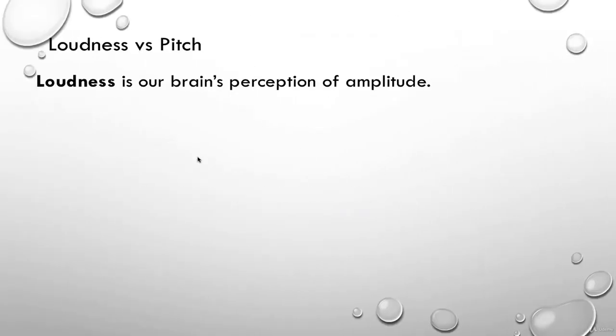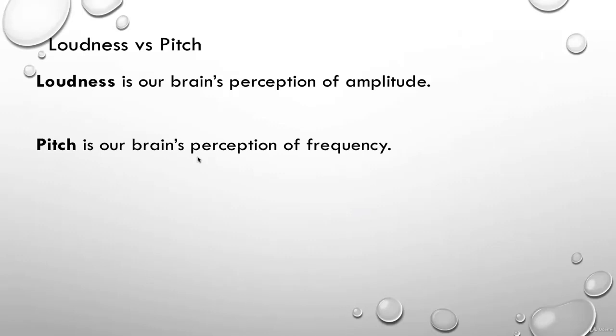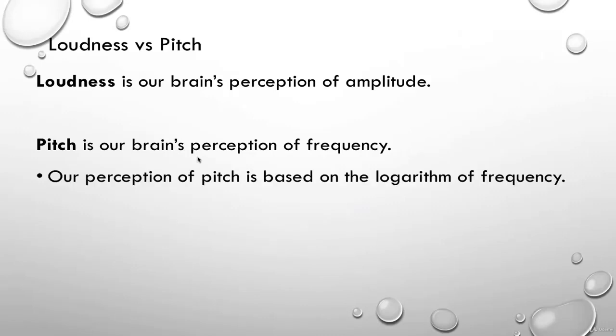Okay, so let's talk more about that. Loudness is our brain's perception of amplitude. We saw in the function that the bigger the amplitude, the louder the sound. But pitch is our brain's perception of frequency. We saw the different frequencies there and how our brain interprets them differently.